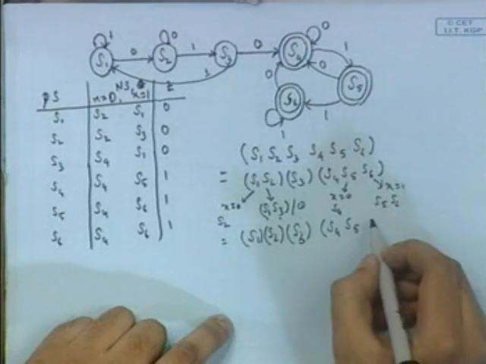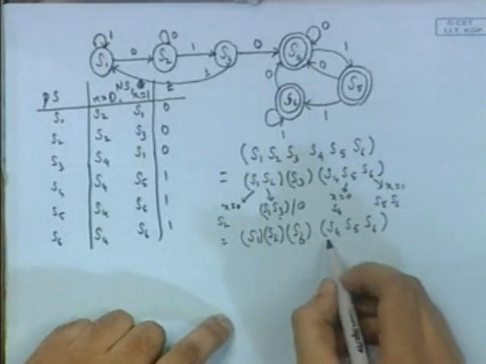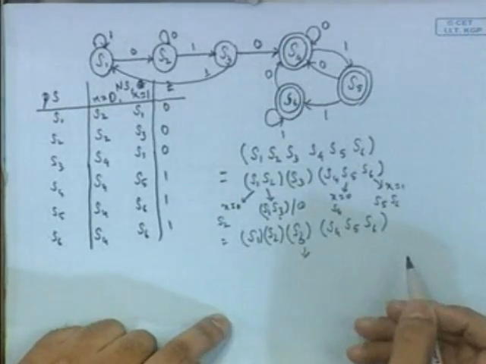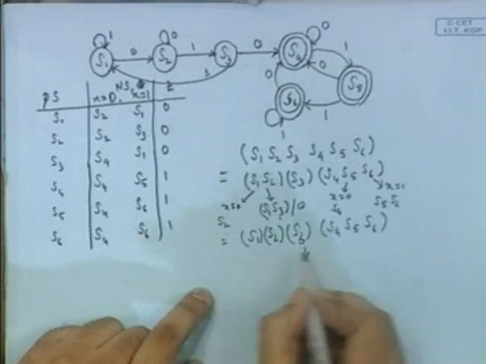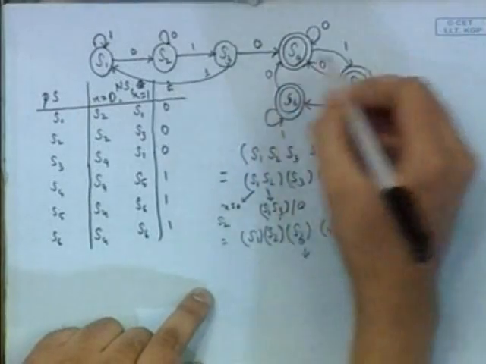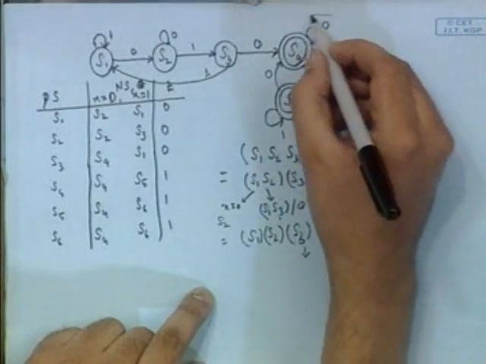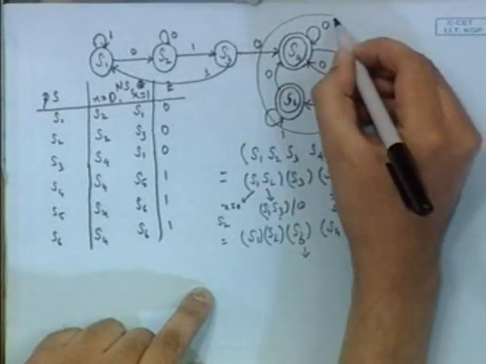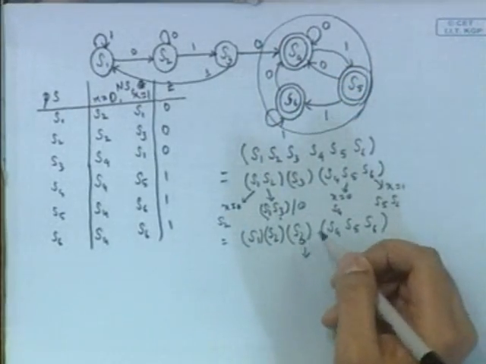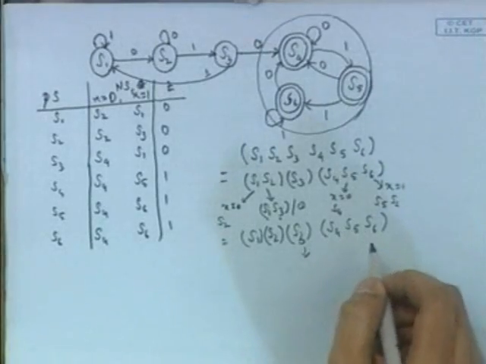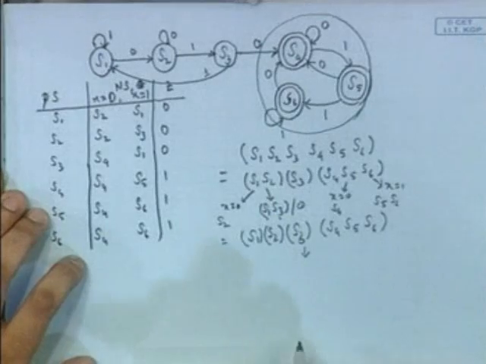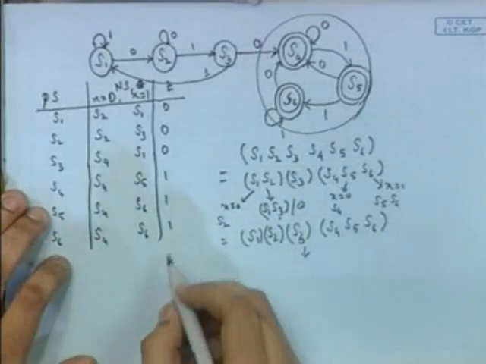There are no distinguishable states in this block. If you go on refining this, you will always get this. So this is the minimum state machine, and we can readily say that these three states can be covered using one single final state, which has got output 1.